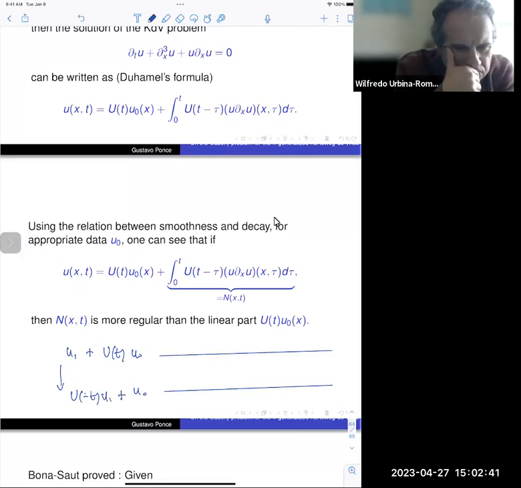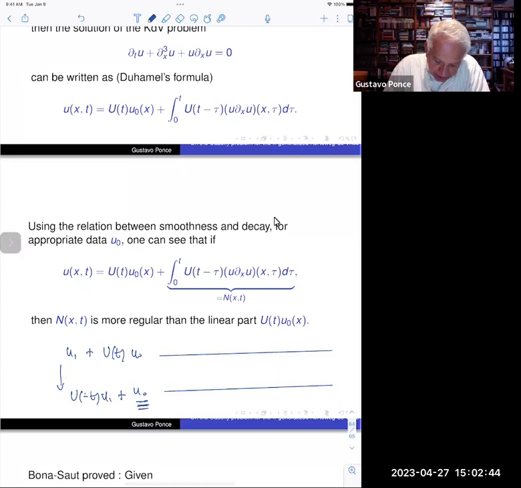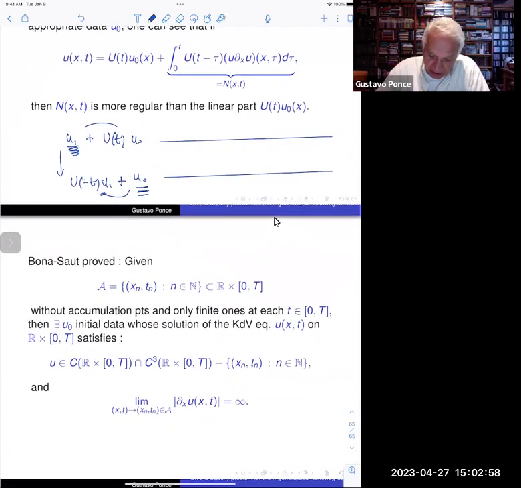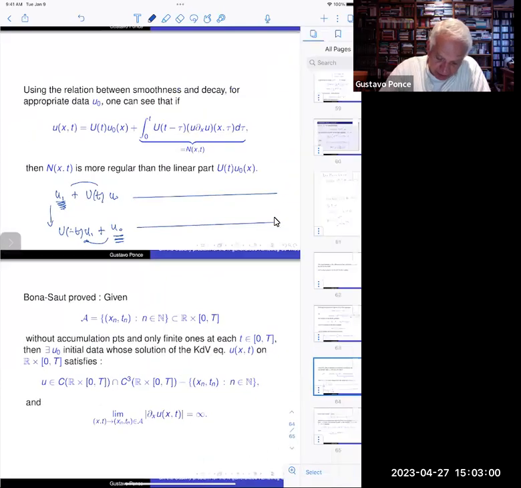The irregularity of this doesn't affect this, because with the decay, you have a gain. Then if you put this together, you can prove the following result. And this is the last thing I will mention.